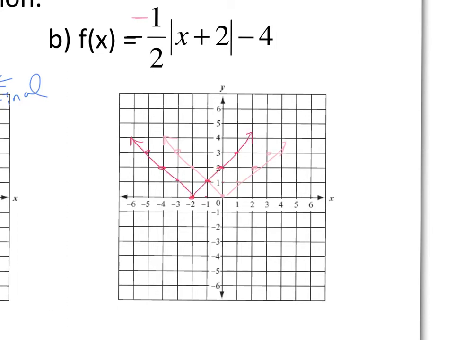The next thing I want to do is compress it by a factor of 1/2. So now I'm going to cut the y's in half. This one stays. Reduce that in half. Reduce that in half. 3 to 1.5. And now we've reduced it in half, and you can see the vertical compression. The next thing we're going to do is reflect over the x-axis because the negative is outside the grouping symbols. So now I'm going to move everything over the x-axis.